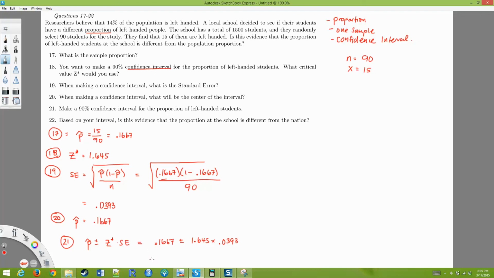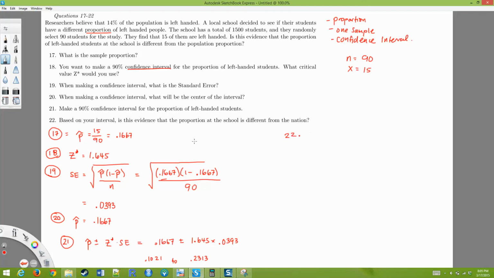Okay, that when I go through all of that, I get 0.1021 on the small side all the way up to 0.2313. Okay, again, that's just a matter of punching things into your calculator.